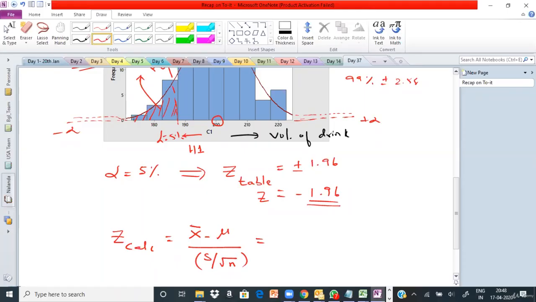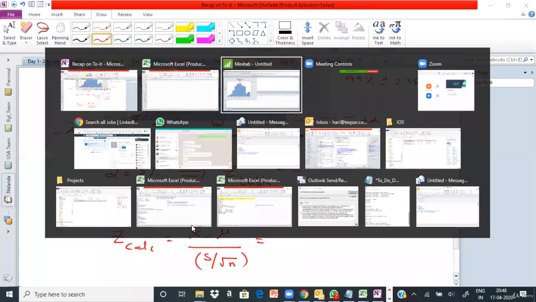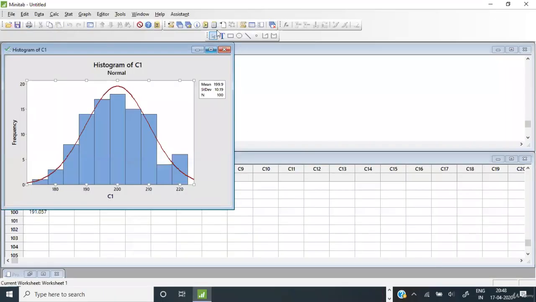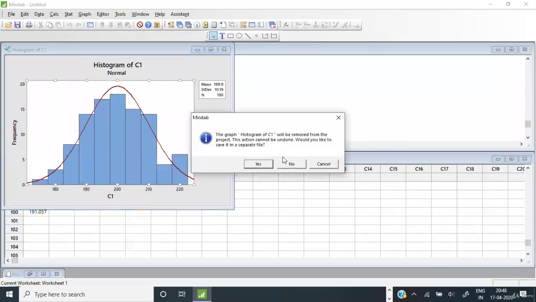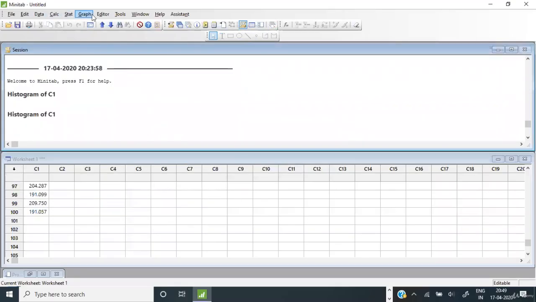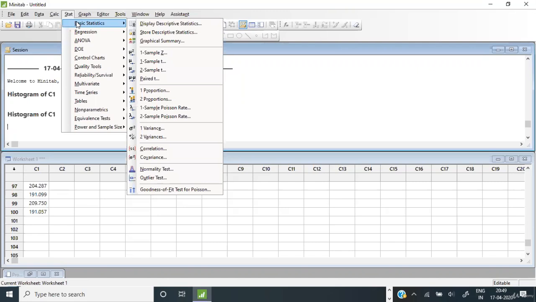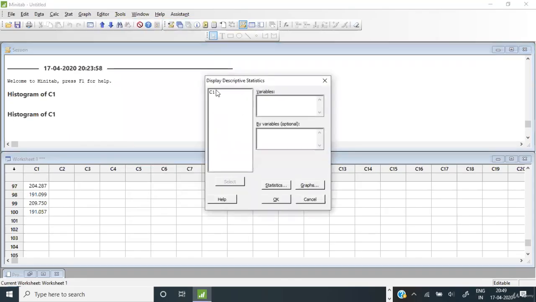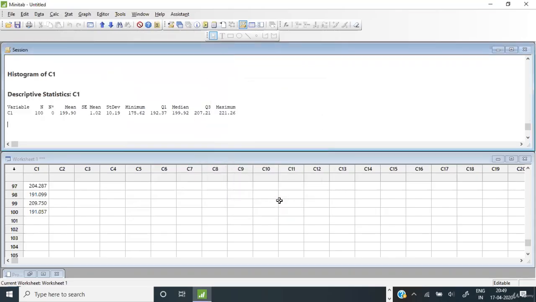I'm going back into my Minitab. See here, what is the mean?